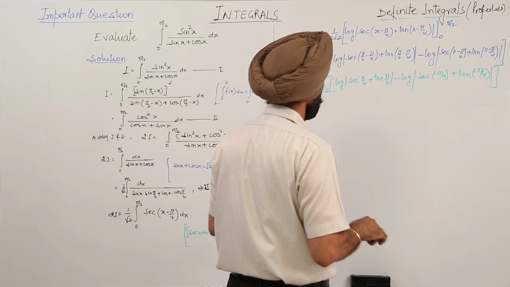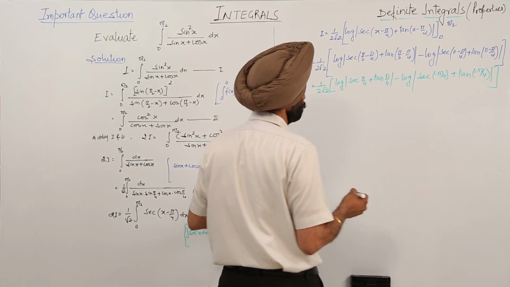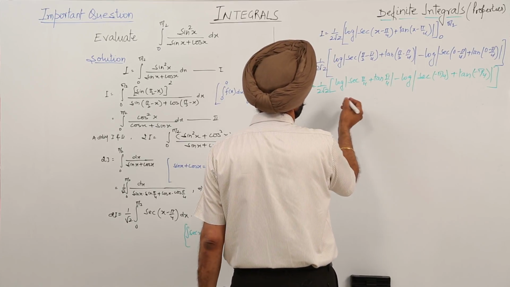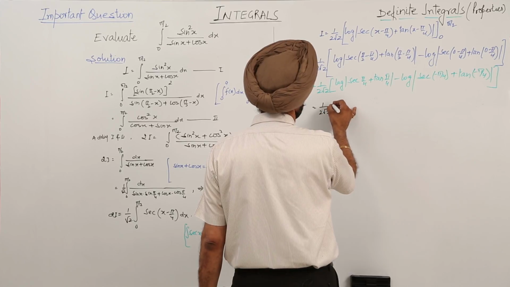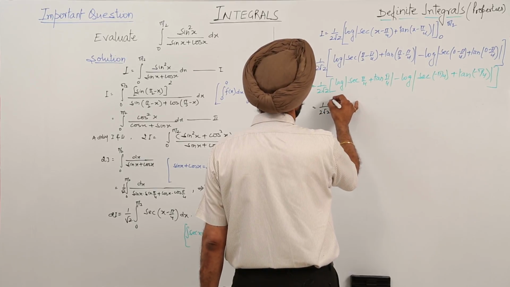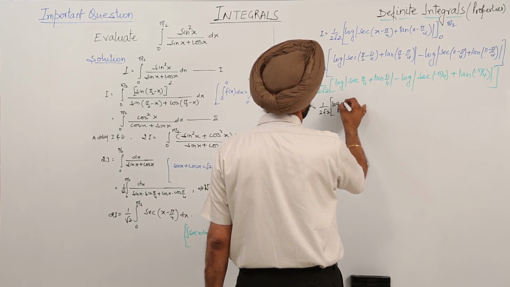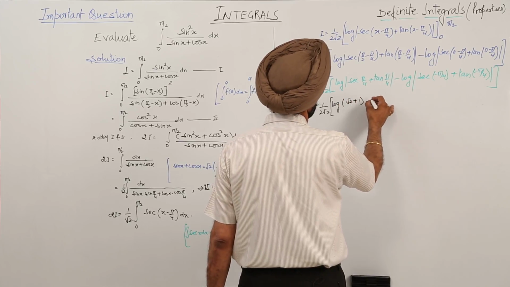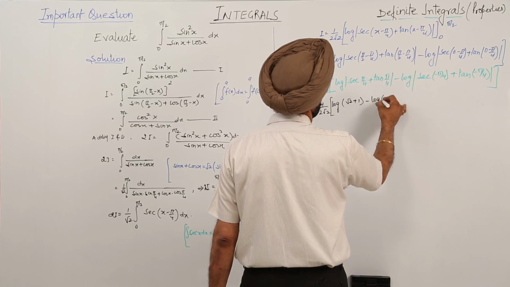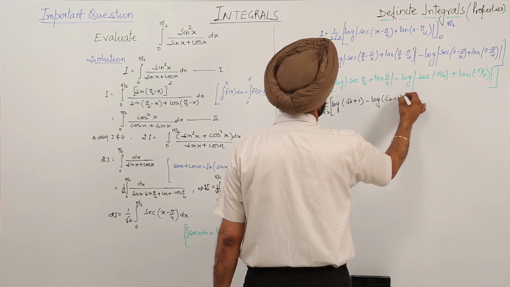Now putting the values, this becomes 1 upon 2 root 2 log of root 2 plus 1 minus log of root 2 minus 1.